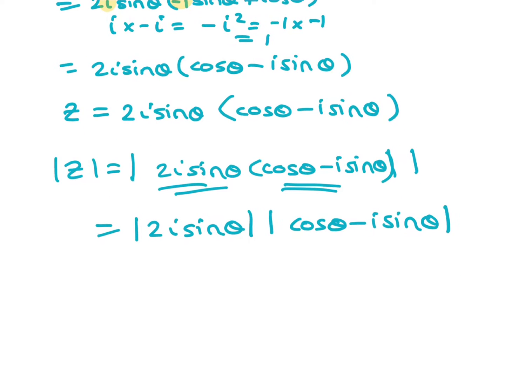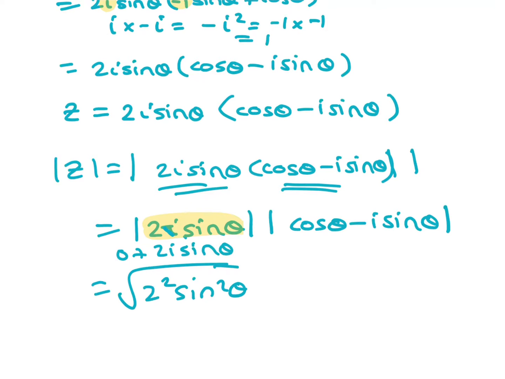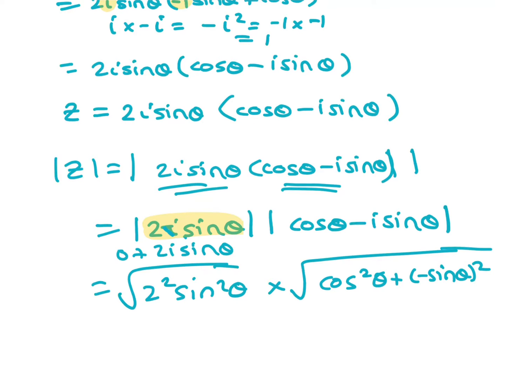Now the modulus of the first one is the square root of 2 squared sine squared theta plus 0 squared, because it's like 0 plus 2i sine theta. And the modulus of this one will just be 1, because it's cos squared plus minus sine theta squared. So it's just going to be 2 sine theta times 1, so it's just going to be 2 sine theta.